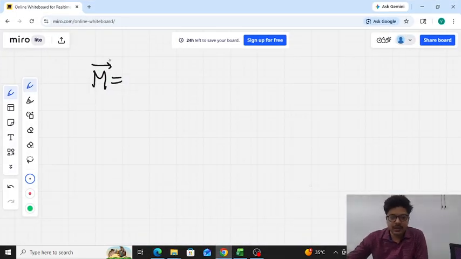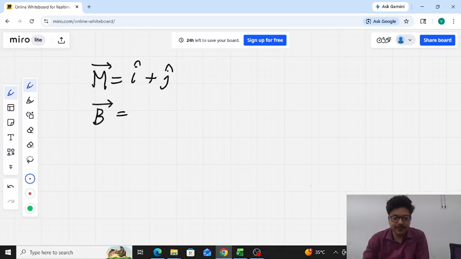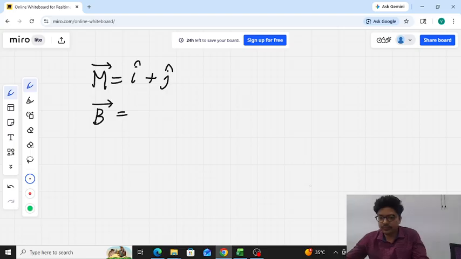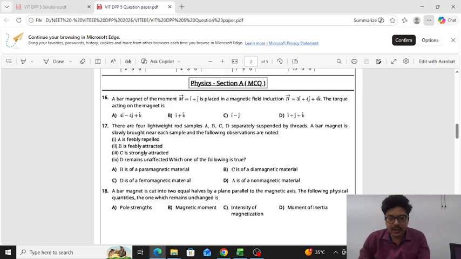Then the magnetic field vector is given as 3i plus 4j plus 4k. Now they are asking what is the torque.